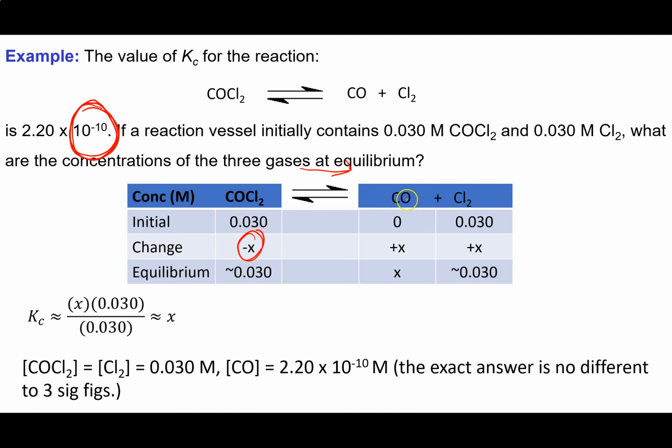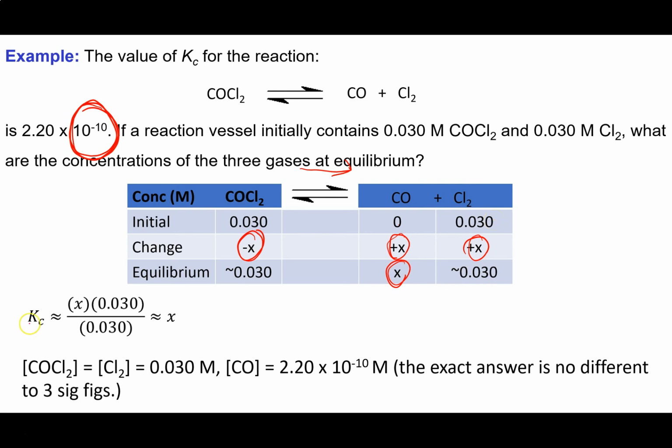We're going to say that our CO will go up by some amount X, but we're aware that X is going to be very, very tiny. And then our Cl2 will also go up by some amount X, but X is so tiny that at equilibrium, the amount is going to be about what we started with as well.